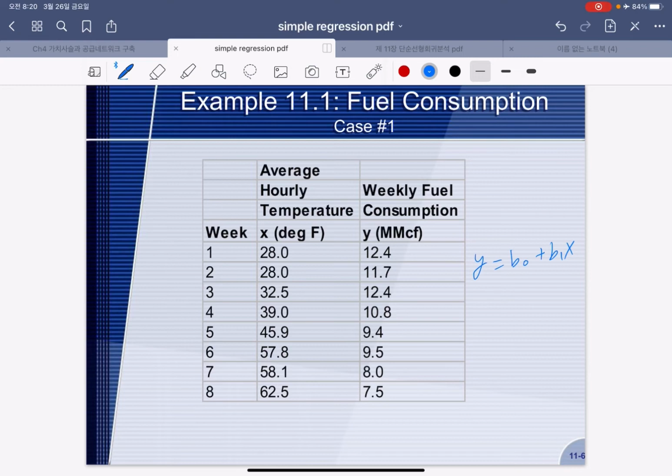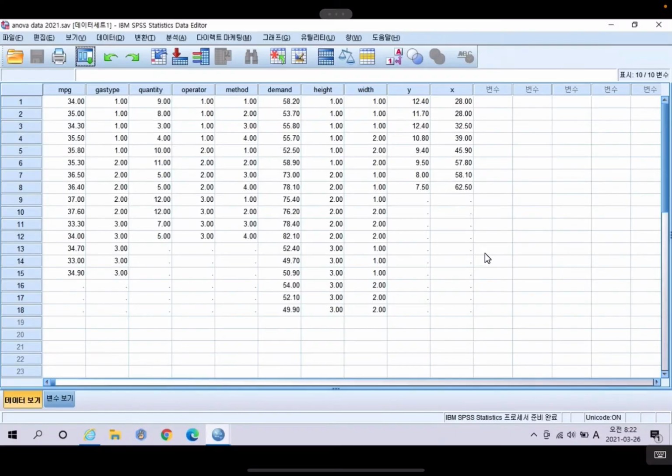Let's go to SPSS, and let me show you how to do this regression analysis, and then we are going to focus on the outputs. I already put the data. So I put x here and y here.